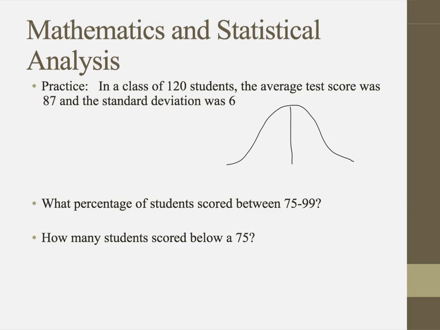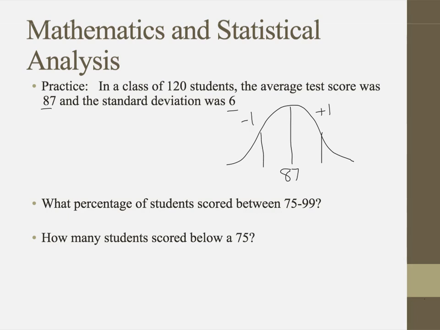Okay, and right here is my mean. It says my mean was 87 and my standard deviation was 6. Okay, so I'm going to draw lines for +1 standard deviation, -1 standard deviation.